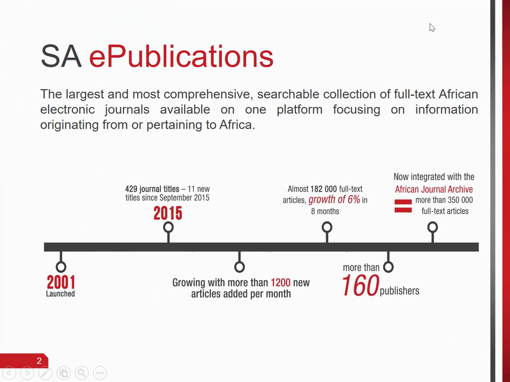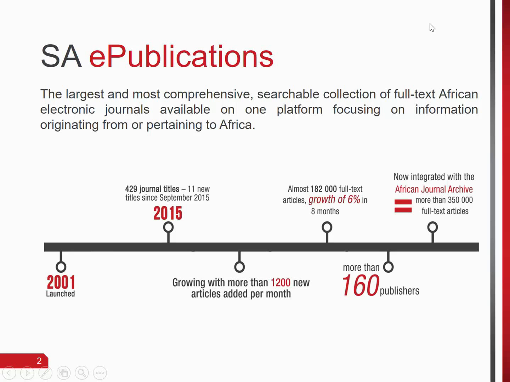So to start, just to give you an overview, you will know that we were on an older platform. We started a new platform in September last year, but originally this SAE publications database started, the beta version, in 2001 with 20 journals. And presently we have close to 500 journals.